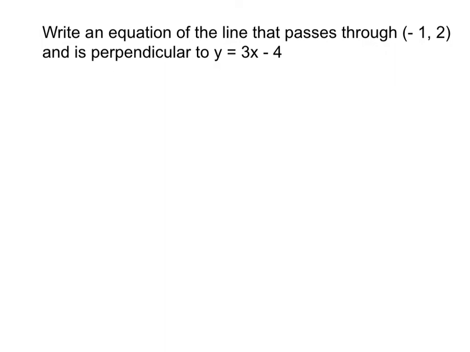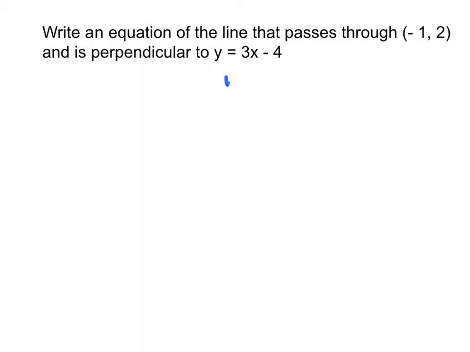Now I'm going to be asked to write an equation of a line that passes through the point (-1, 2). This time, though, the line is going to be perpendicular to the line y is equal to 3x minus 4. Perpendicular lines have negative reciprocal slopes.